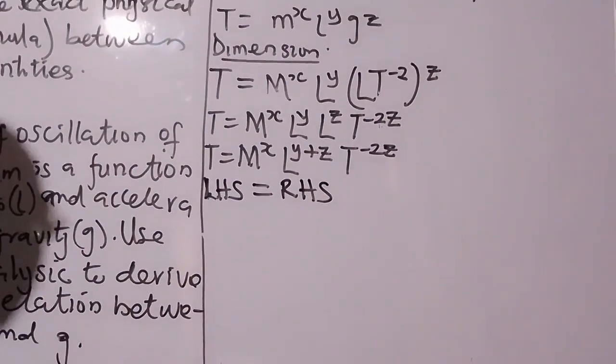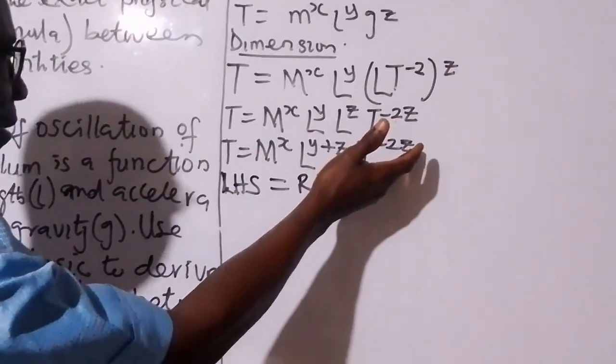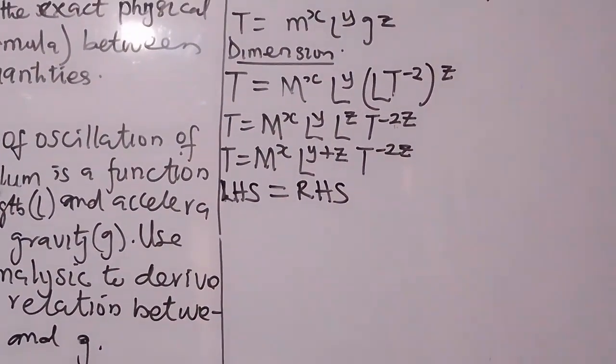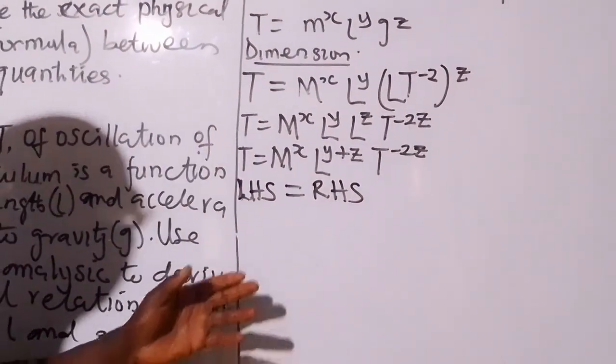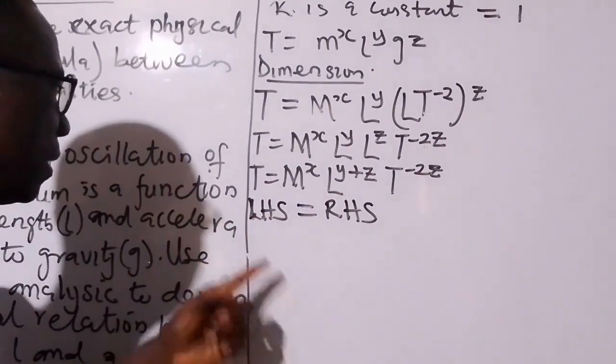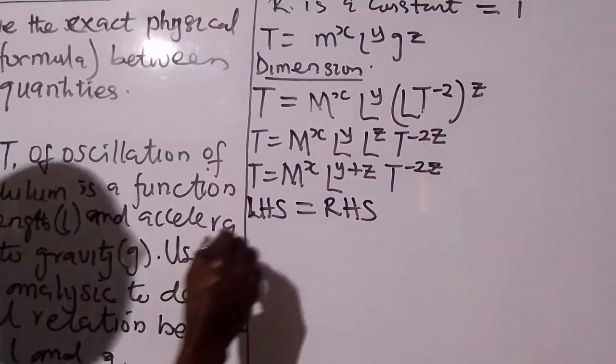The number of quantities we have in the right-hand side must be in the left-hand side. And if you look at it now, T is here, but we don't have M and L. So let's introduce M and L in the left-hand side.